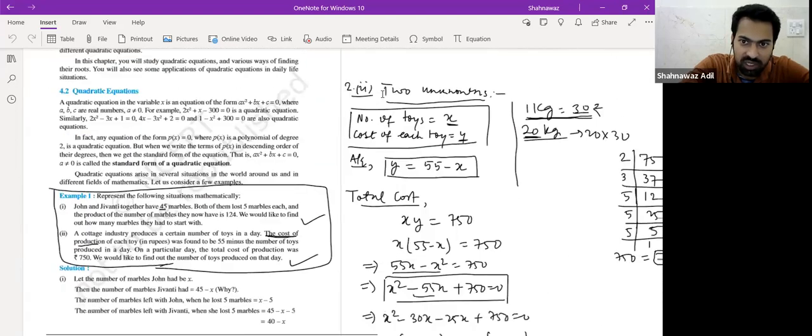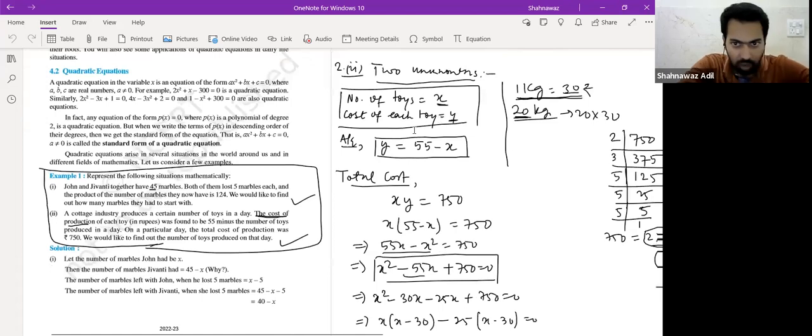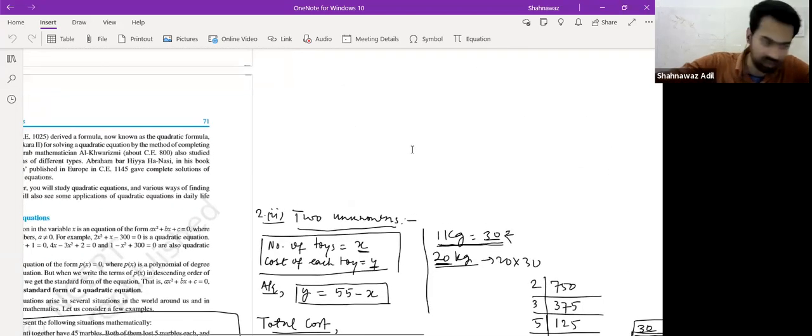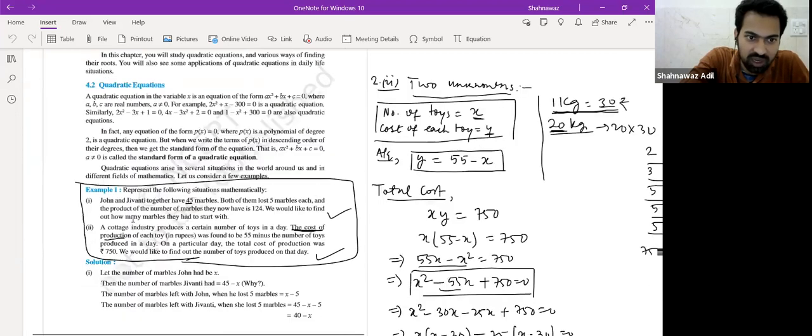Okay, so this is the second example, right? So let me write just the first example. You see in the first example, John and Jivanti together have 45 marbles, right?